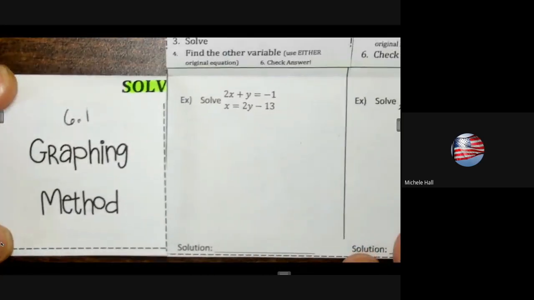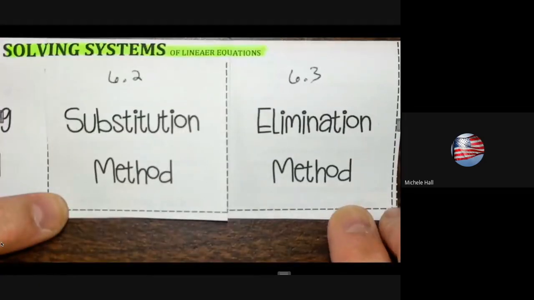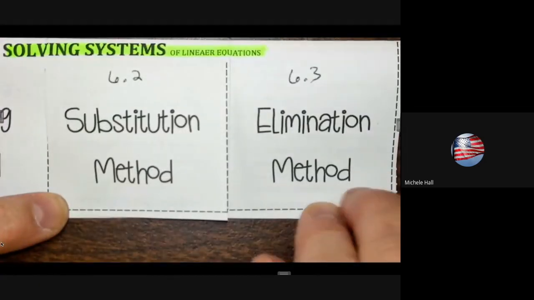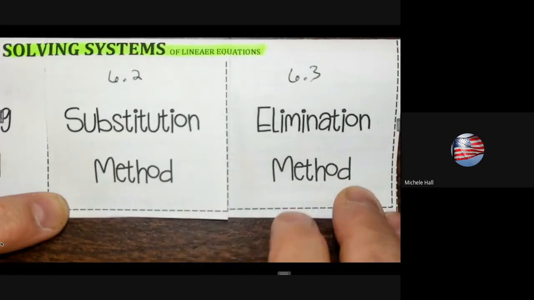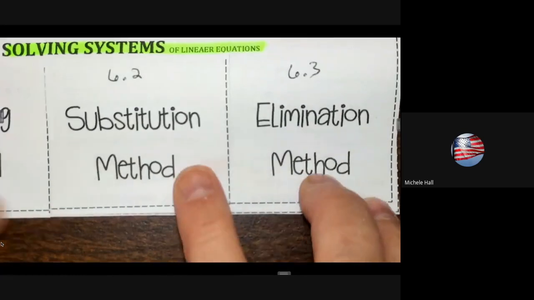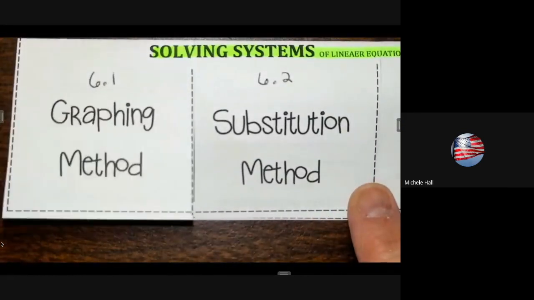If I get fraction values, then I need to switch to substitution or elimination for a method. If I get fraction answers, I'll know exactly what those fractions are with these two methods. The graphing method is only good when you get exact values.